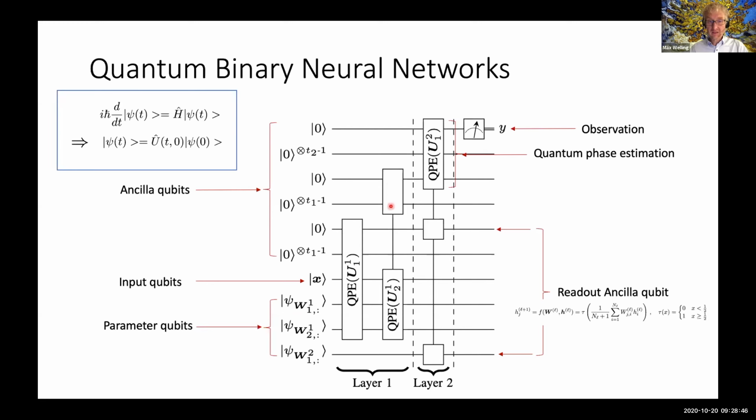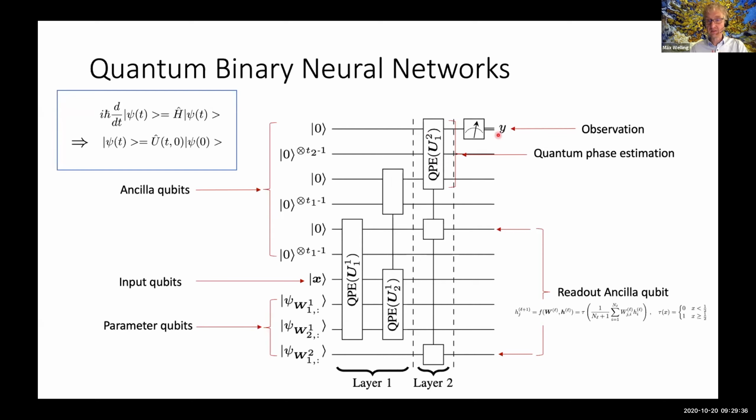And what comes out basically is a value that is stored here, which is the outcome of a classical operator on input X. So if input X in this case is H, and W are the parameters here, you can show that if you apply this quantum phase estimation, in the end you will do this computation on a quantum computer to get the next value, including the nonlinearity tau, which is a threshold here, the next state of your features.